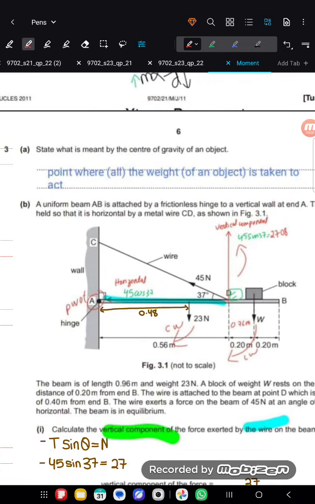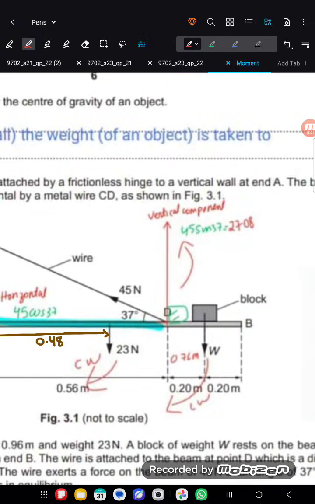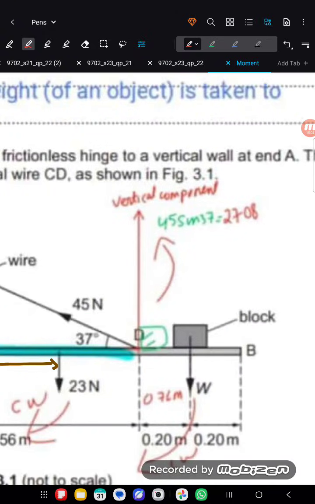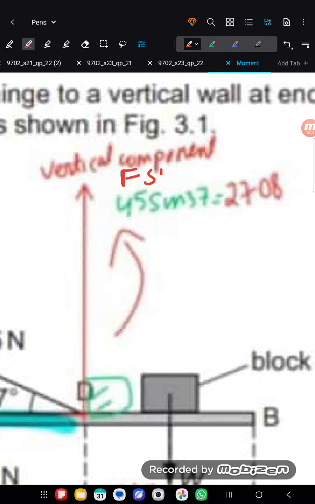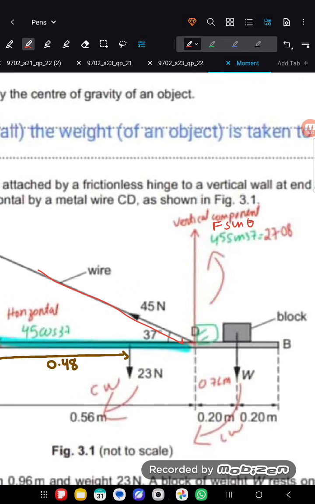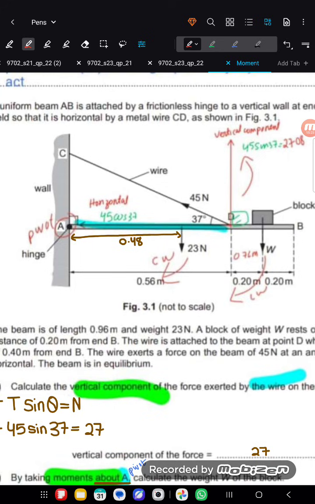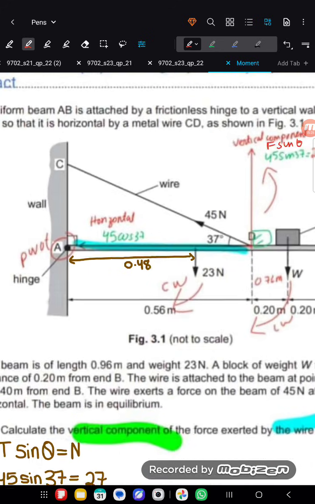Okay, so here basically there are vertical components, so the vertical force is equal to sine theta, right? The horizontal one, which we don't need also, but sometimes they ask to calculate. Okay, whatever.